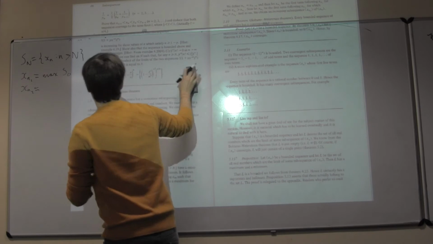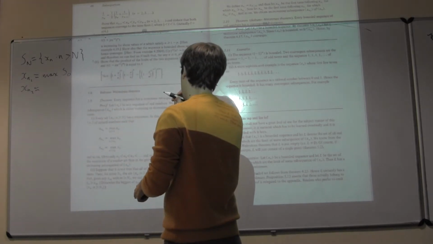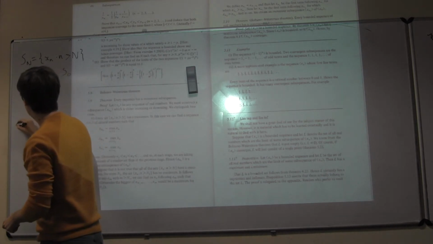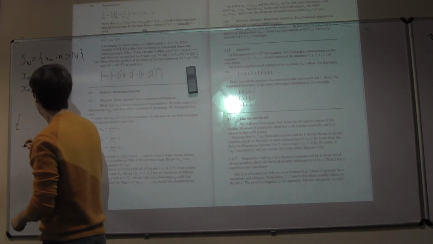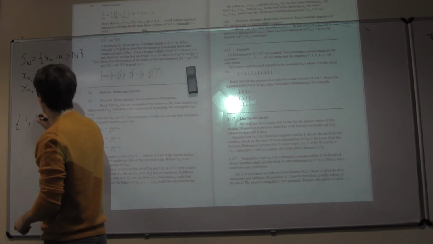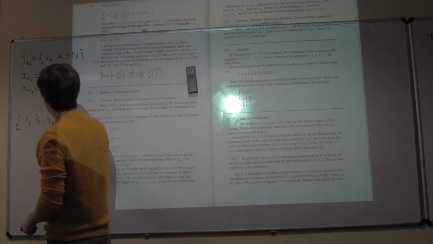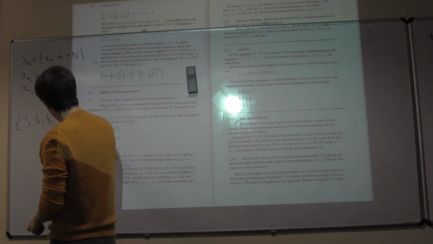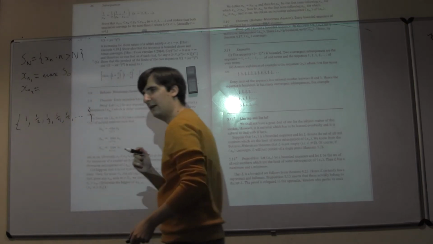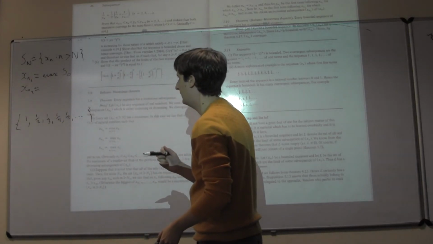So let me give you an example to make things clearer. So suppose we have 1, a half, a third, a quarter. Suppose that's our sequence.